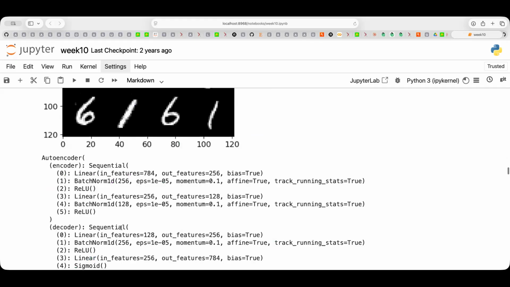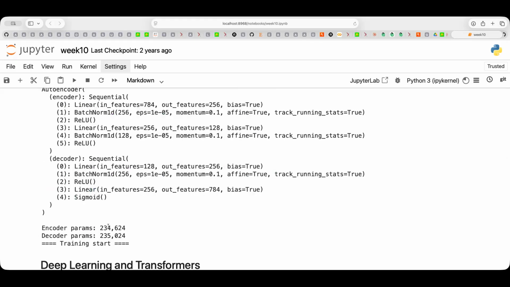But in this case, I actually had a much bigger network, and you see that the total number of parameters is 10 to the 5, both for the encoder and the decoder part. So this is actually a much larger network. Clearly, if you look at the Keras TensorFlow examples, I made the networks pretty small. There were not so many parameters. And this has an order of magnitude more parameters than the CNN which you saw earlier.